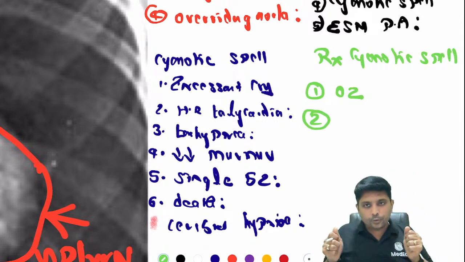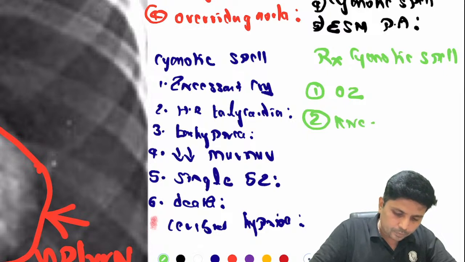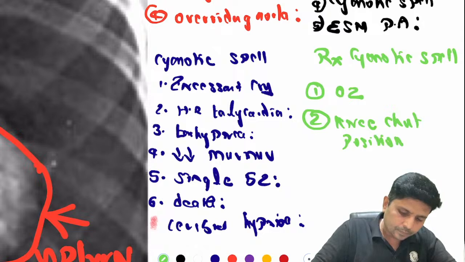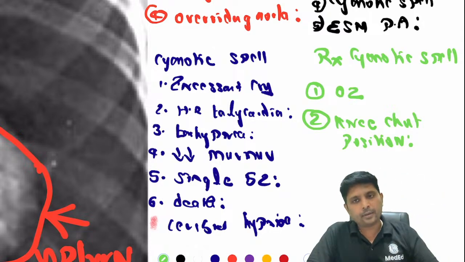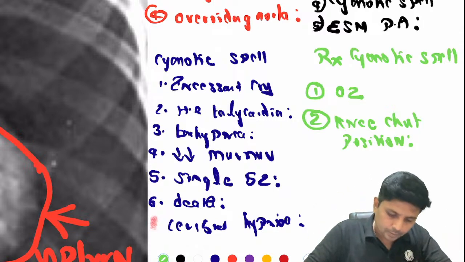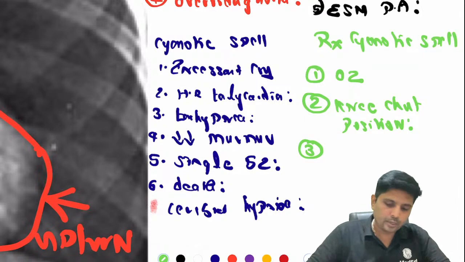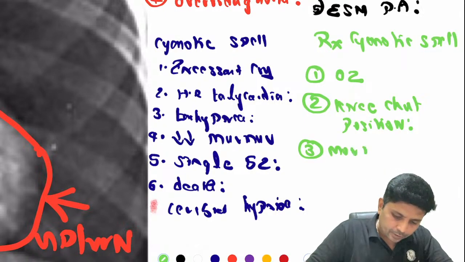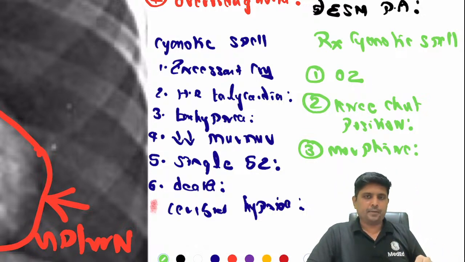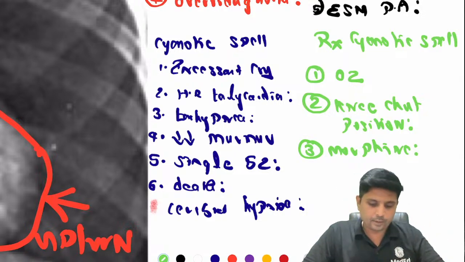Two, you need to put the baby in knee chest position or squatting position, to increase the systemic resistance so that the right to left shunt is reduced. Third, you need to give morphine. Morphine reduces infundibular spasm, reduces oxygen demand, and reduces the cry of the child.